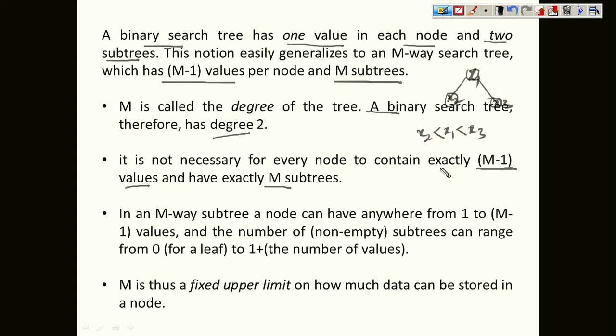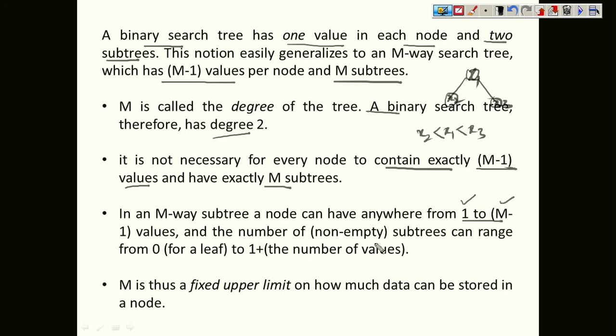It means that a node does not necessarily contain exactly m minus 1 values or exactly m subtrees, but this is the maximum possible that an m-way search tree can have. In an m-way search tree, a node can have anywhere from 1 to m minus 1 values. So the minimum number of values in any node of the m-way tree is 1 and the maximum is m minus 1.